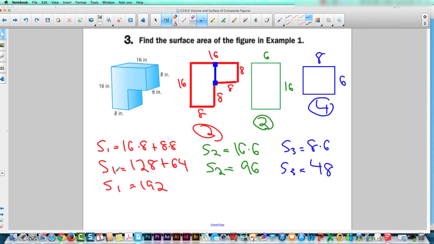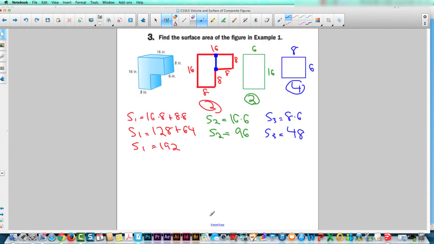Now we're not done yet, because remember, we have 2 of the S1s, 2 of the greens, and 4 of the blues. So the total surface area, now I am going to write SA, is equal to 2 times 192, because there were 2 of these, plus 2 times 96, because there were 2 of these, plus, now there are 4 of these, so this one's going to be 4 times 48.